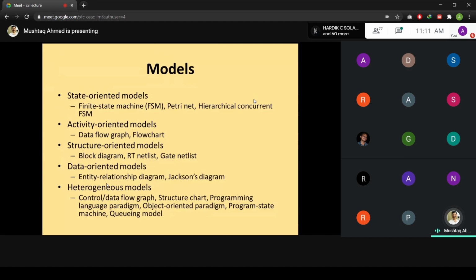Pertaining to this Jackson diagram, based on the type of constraints and the associativity with the other one, in which direction or in which flow the process or part of the device will function, and what type of program or functions have to be executed, that can be easily represented by the Jackson diagram.